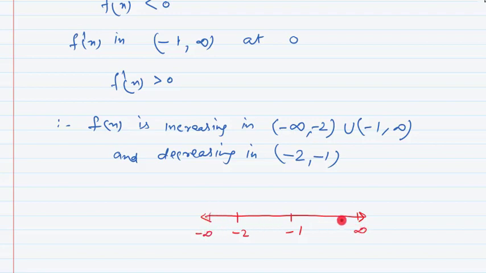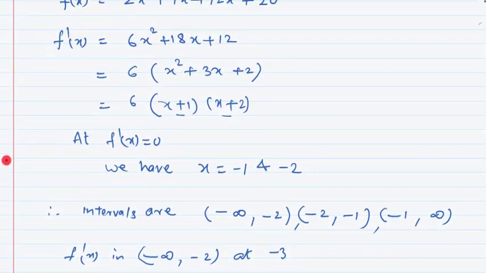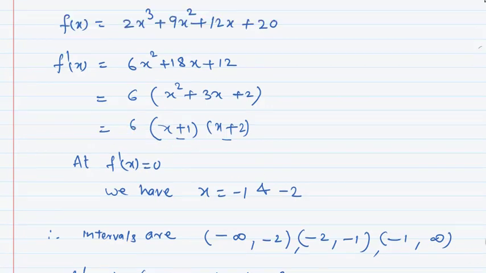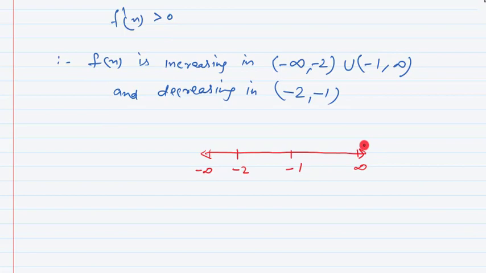If the sign in front of f dash x is positive, then we will start with a positive sign from the right hand side of this number line. And if the sign in front of f dash x is negative, then we will take the first sign as negative on the number line.